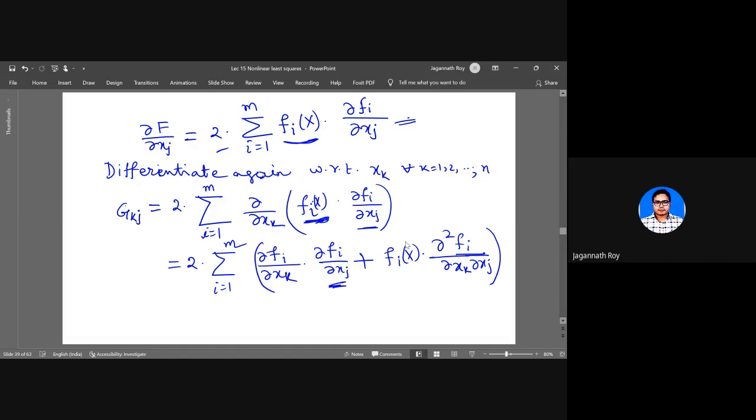Now if you look at this function, this is kind of J transpose, and this is again J, the Jacobian, because i varies from 1 to m and j varies from 1 to n.